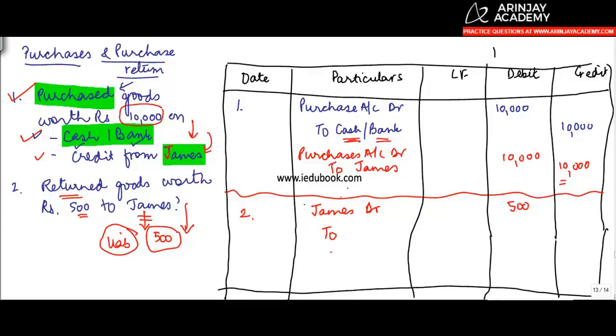And what would I credit? Return goods. When I bought these goods, I debited them to the purchase account. So there are two methods I can follow here. I can credit the purchase account by 500, or better still, the way it is done in accounting is you open a separate account called purchase return account and you credit it by 500.